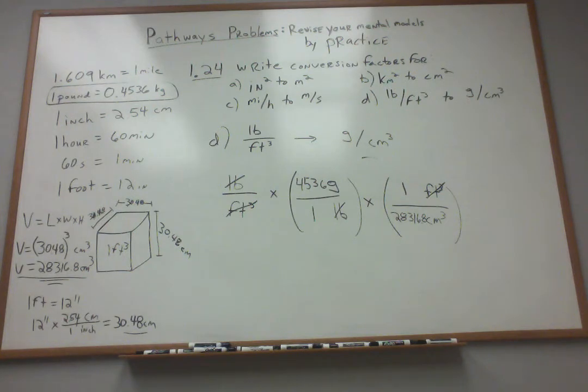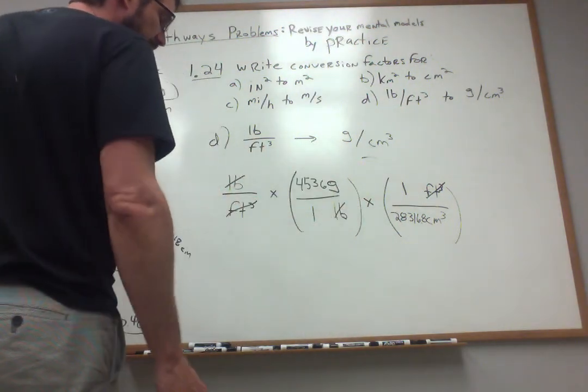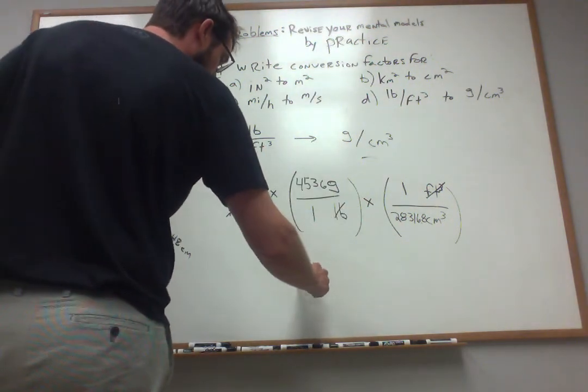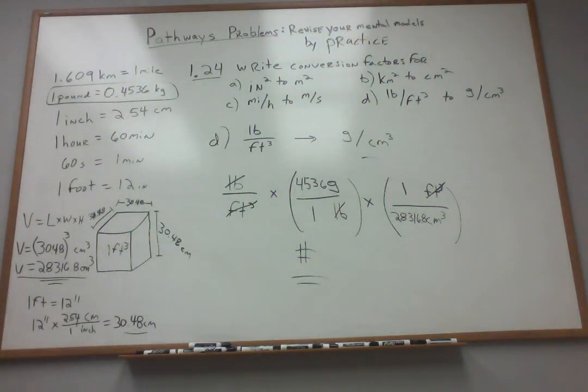And you can see now that if we combine this and this, or this divided by this, we would have our single number that would serve as our conversion factor between pounds per cubic foot and grams per cubic centimeter.